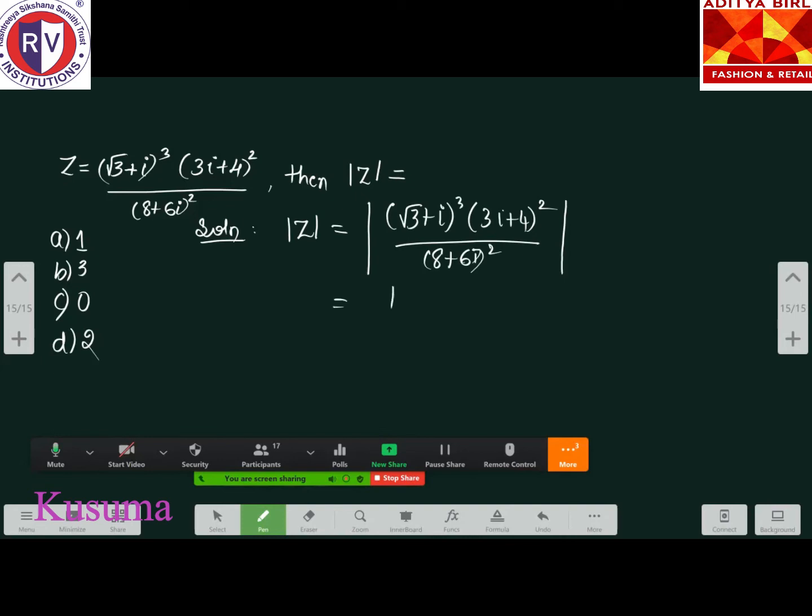So this will be mod of root 3 plus i whole cube into mod of 3i plus 4 whole square divided by mod of 8 plus 6i whole square.